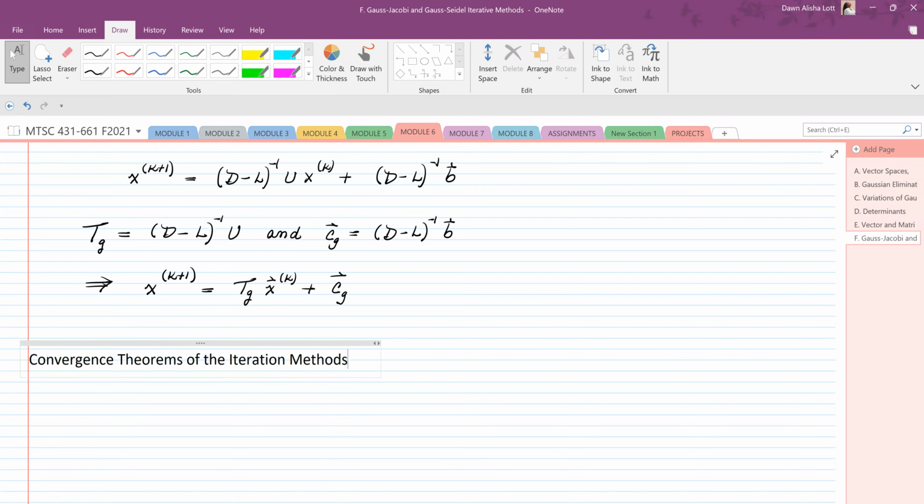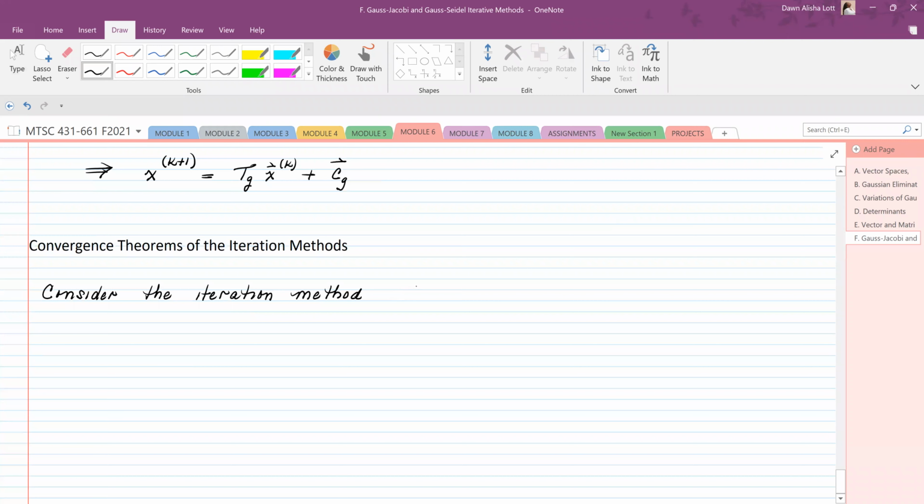Okay, so let's consider the convergence, consider the method x at k plus 1 is equal to T times x at k plus c.